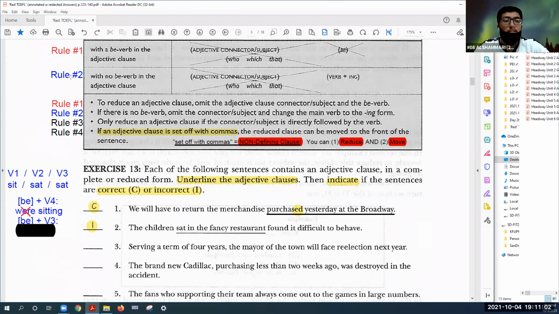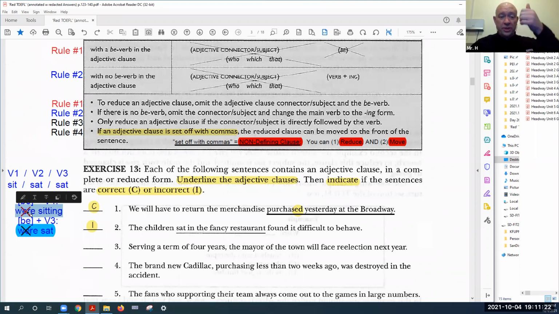It's continuous. And what is be plus verb 3? Were sat. You see, this second example is wrong, right? The second example is wrong. We're sitting is the correct answer, because you just remove the connector subject, who, you remove the be verb. And sitting is the correct choice.